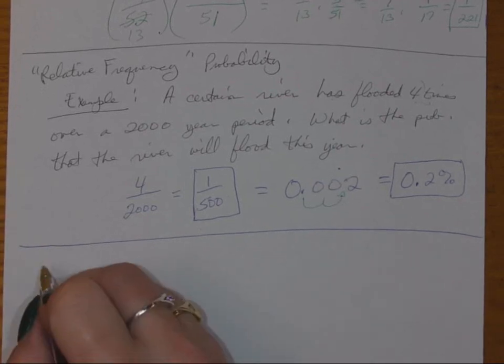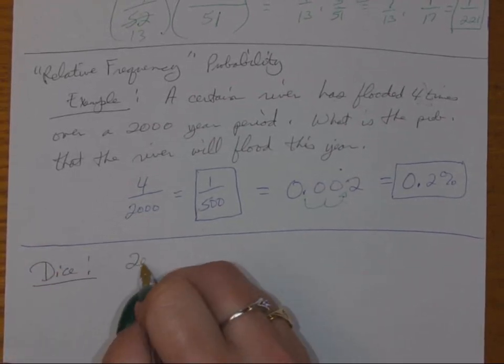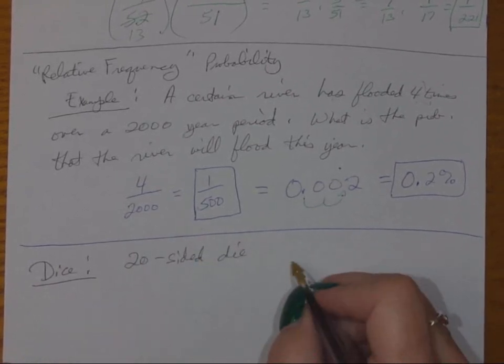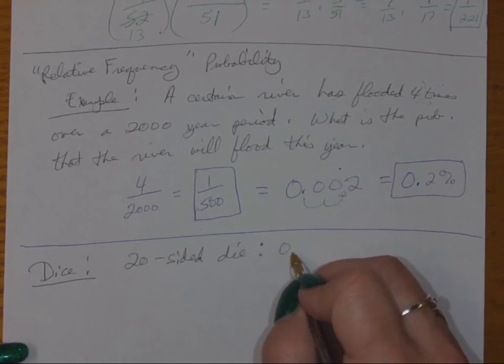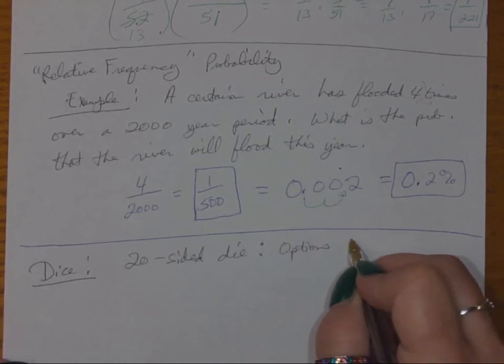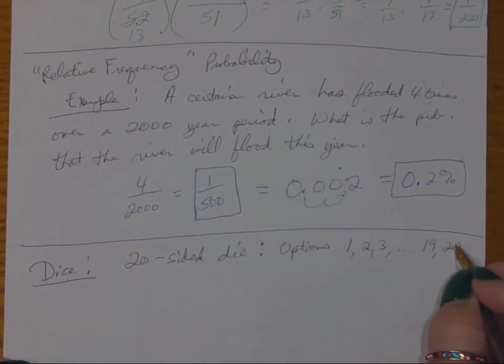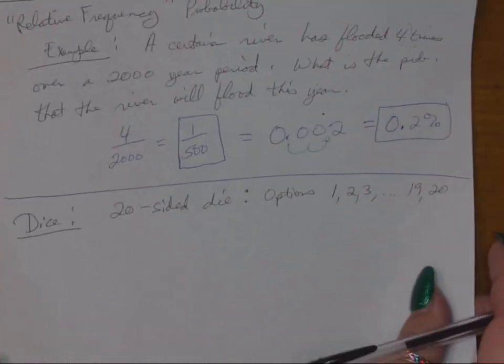So when we're talking about dice, let's go back to that 20-sided die that I showed you. Remember the options on that particular die were 1, 2, 3, all the way up to a 19 and a 20, right? There were 20 sides, and they just had consecutive numbers on them.